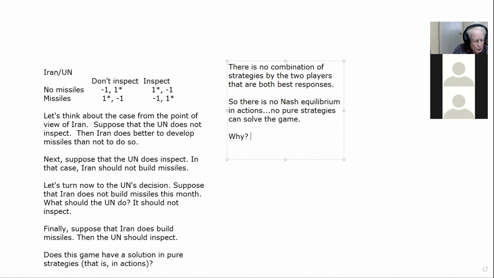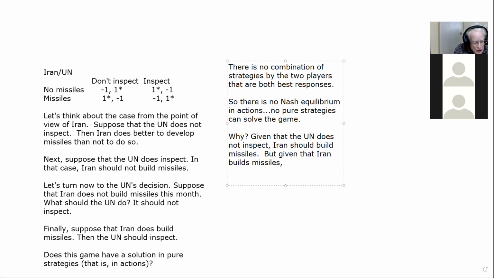Basically, it's a zero-sum game. So, for example, given that the UN does not inspect, Iran will build missiles. So that's the best response. However, given that Iran built missiles, the UN should inspect.